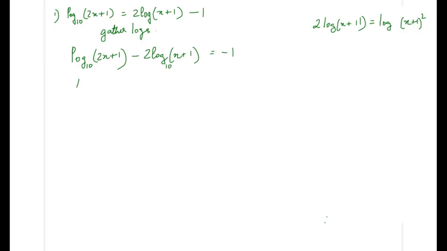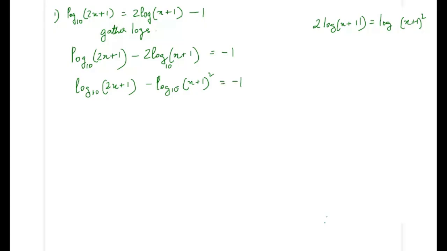So log base 10 of 2x plus 1 minus, instead of 2 log x plus 1, I'm going to write it as log base 10 of x plus 1 the whole square is equal to minus 1.